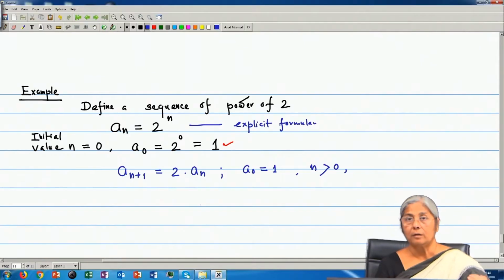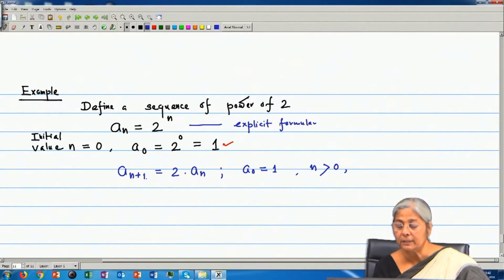Now, how have we defined recursion? It is the process of defining something in terms of itself. That means the next term n plus 1 we are getting from n, and we are writing that as a formula.